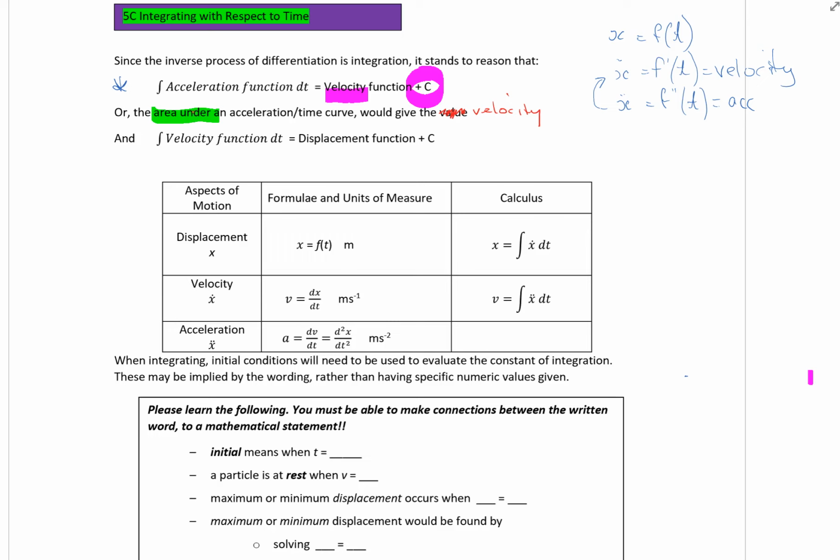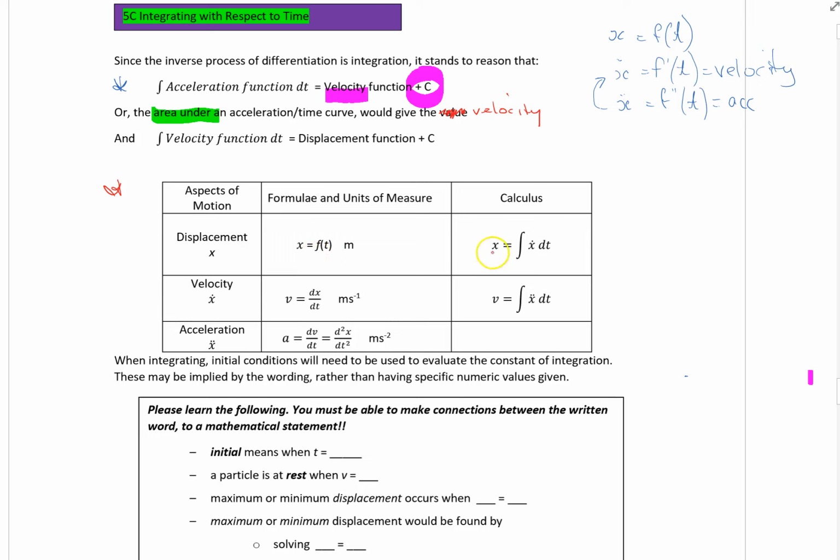So just in summary here, you can see the aspects of motion are displacement, velocity and acceleration. So there are three measures. Displacement, we use the notation x. We know that x is a function in time.